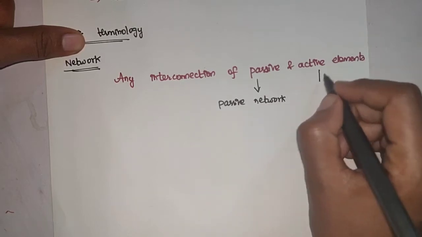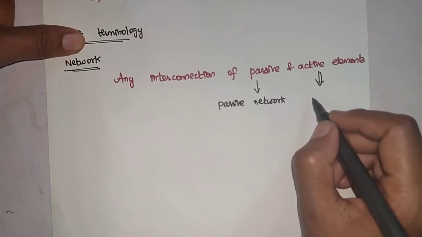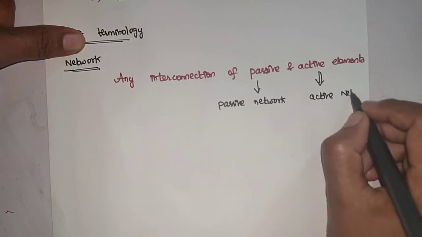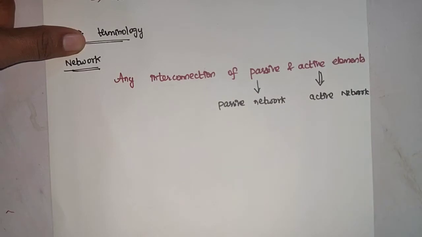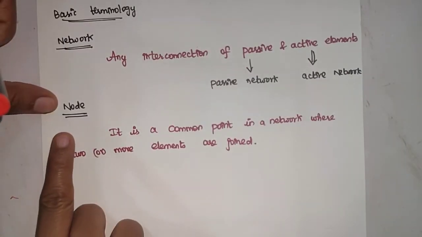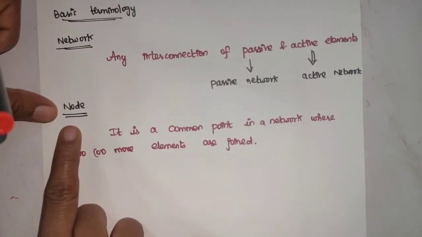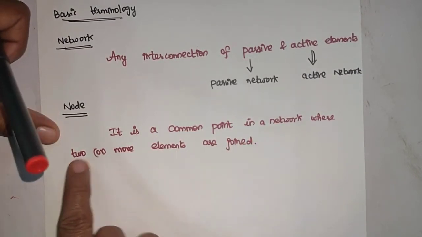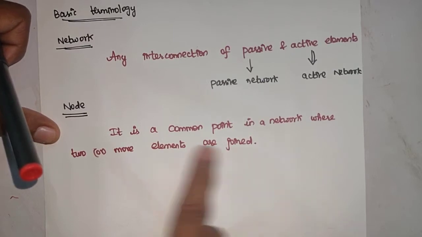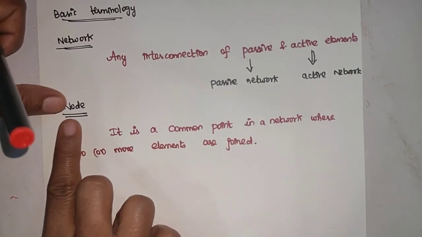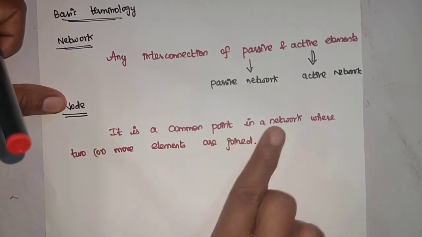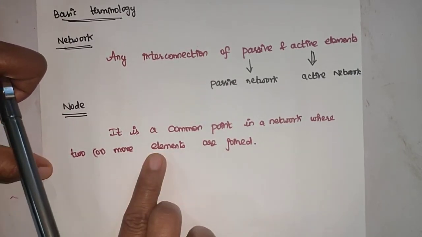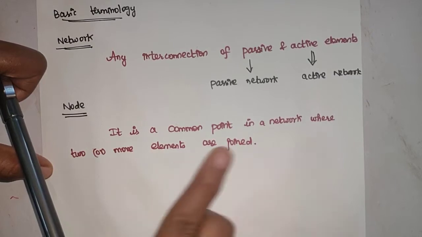In case network consists of only active elements, it's called as active network. Next topic is node. What is meant by node? Node is a common point in a network where two or more elements are connected. Elements are either passive elements or active elements.